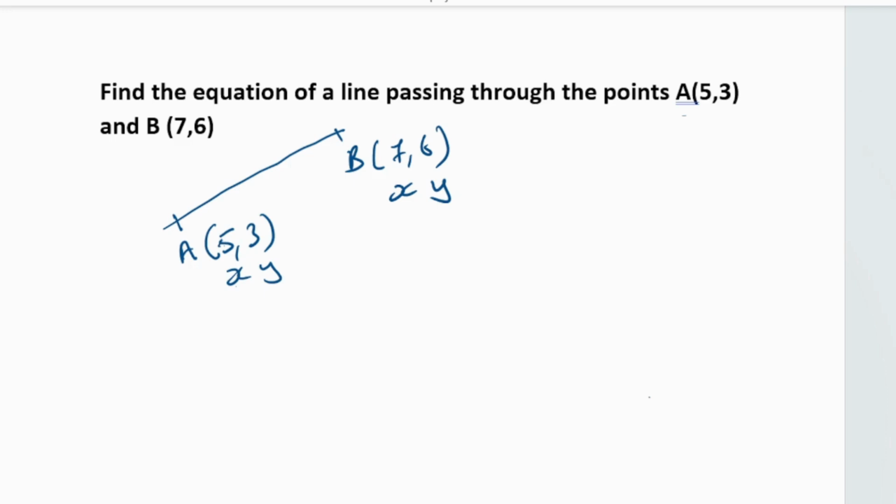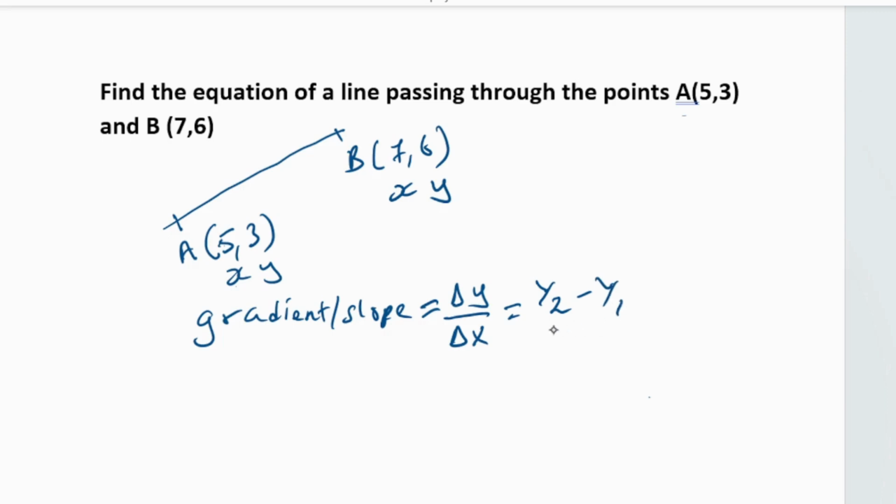And therefore, when we are finding the gradient, or what we call the slope, it is equivalent to dy, the change in y, over dx, the change in x. And the change in y is given by y2 minus y1, over x2 minus x1. Maybe we can make B x2, y2, and then A we can make x1, y1.